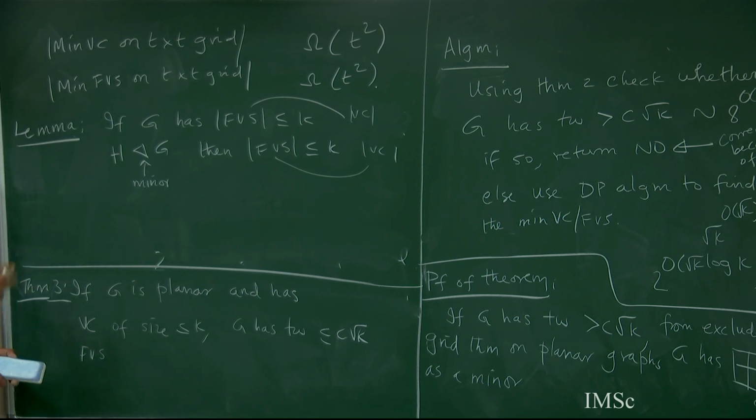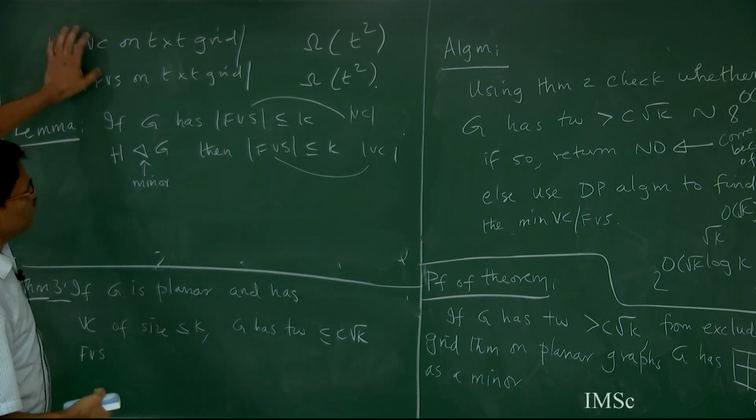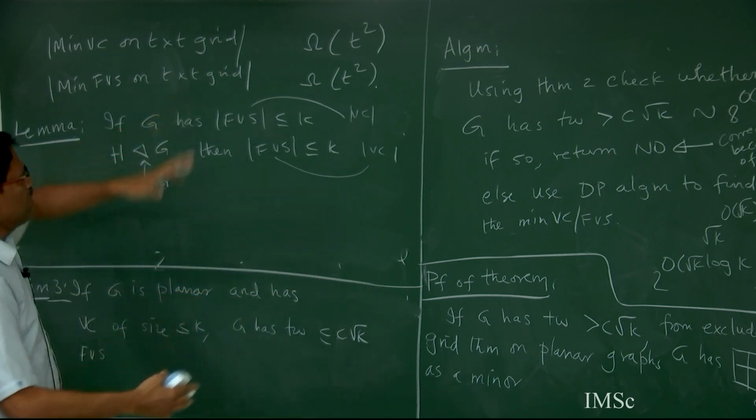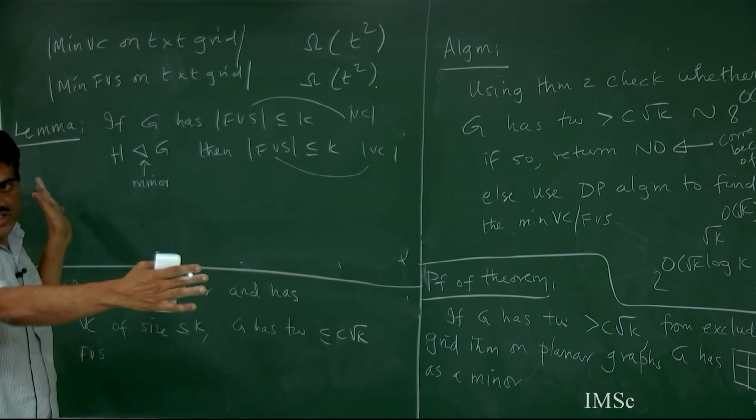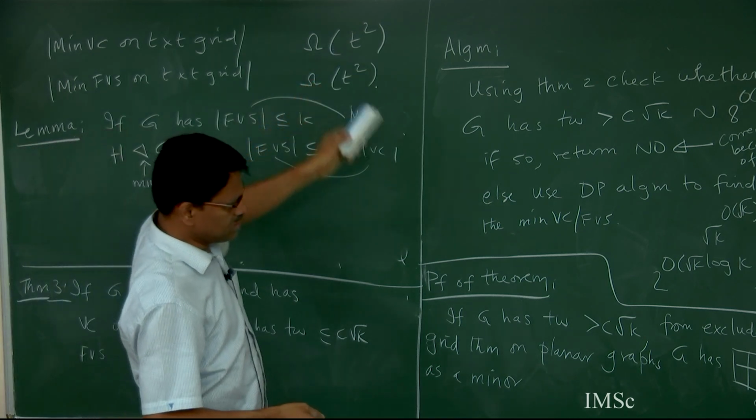So this is an easy exercise to show that if you have a big graph whose feedback vertex set size or vertex cover size is at most k, then if you have a minor, that also requires at most k. So now we are using a contrapositive: I have a minor which requires lots of vertices to cover, so the original graph requires lots of vertices to cover. And what is this lots? T for us is some d times root k.